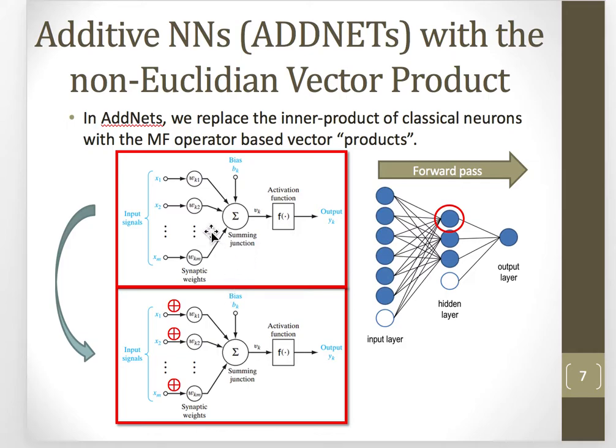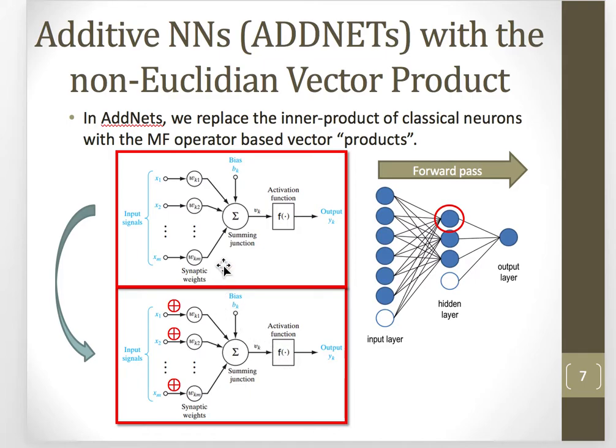You have now a typical neural network neuron here. So instead of multiplying weights by the entries of the vector, we perform the ⊕ operation. Okay, so x1 ⊕ wk1, x2 ⊕ wk2, xm ⊕ wkm goes into the activation function.